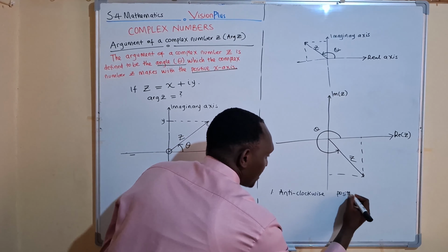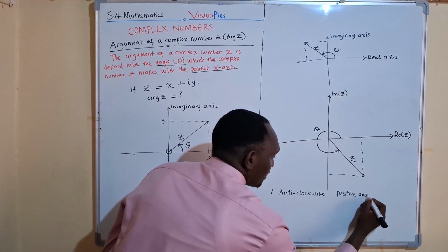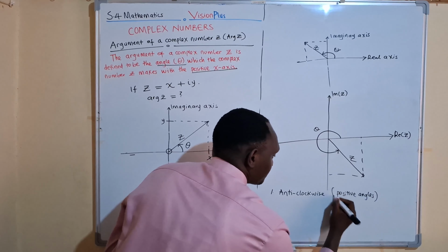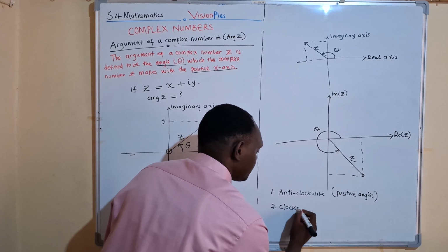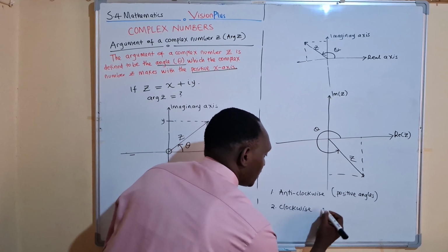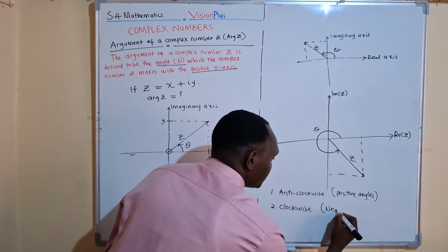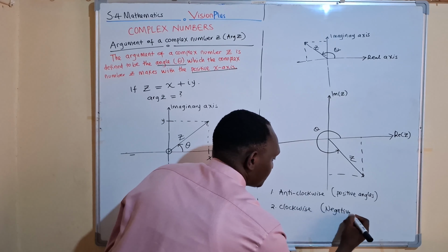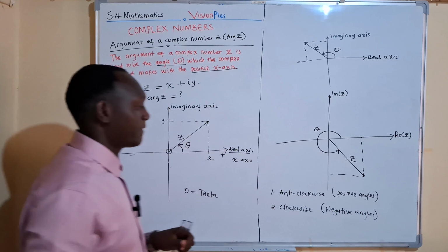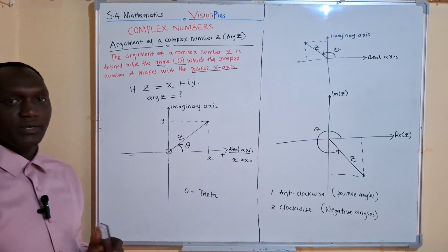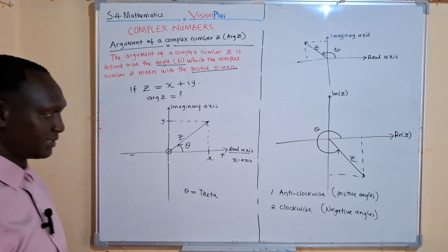You get positive angles. But if you are moving clockwise, here you are taking negative angles. And we shall see that when we are doing numbers.